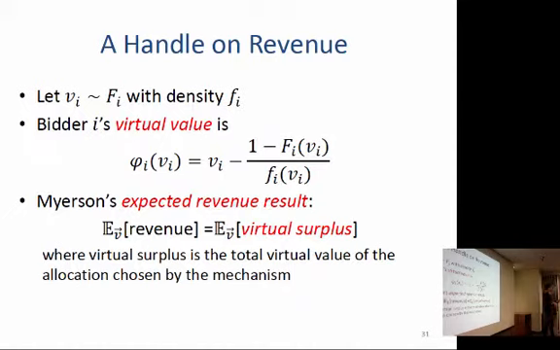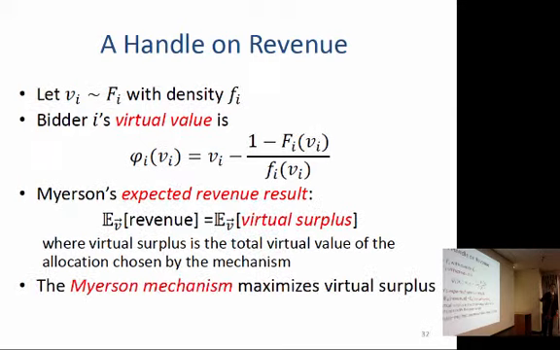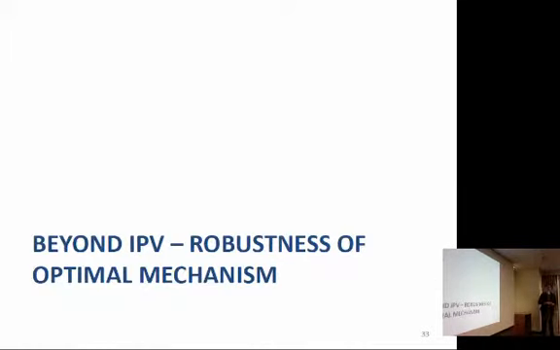So you look at the allocation of the mechanism, and you sum up the virtual values of whoever won in the auction. This gives you the expected revenue. And from this, you can also derive what the optimal mechanism is: the Myerson mechanism, the optimal mechanism, will maximize virtual surplus. Okay, that was a really quick reminder.